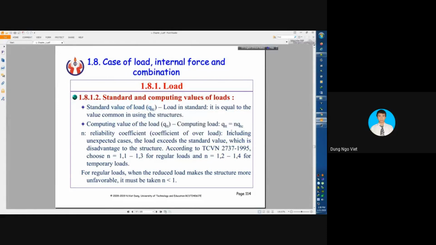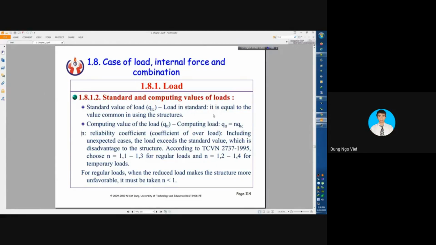So QTD is equal to N multiplied by QTC, where N is the reliability coefficient, the coefficient of overload. This coefficient accounts for unexpected cases where the load exceeds the standard value, which is disadvantageous to the structure.